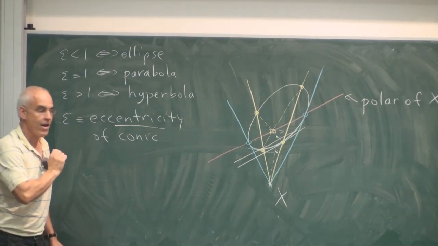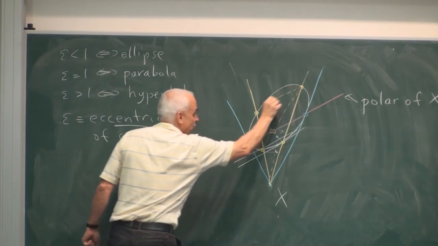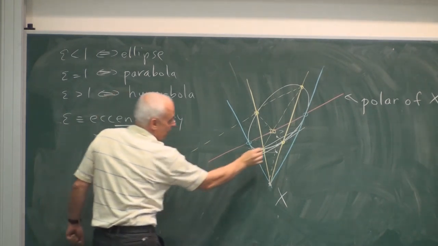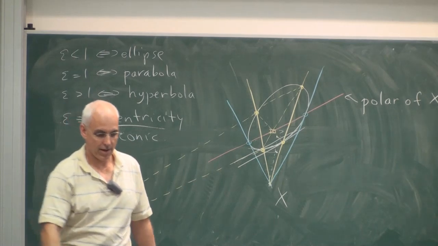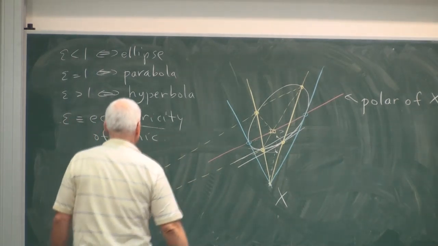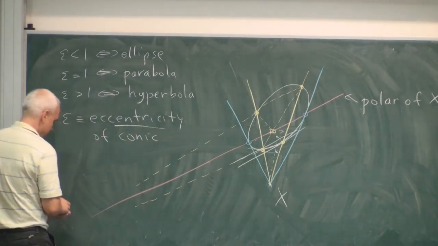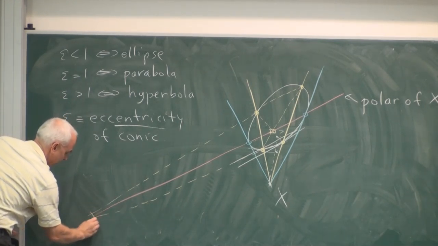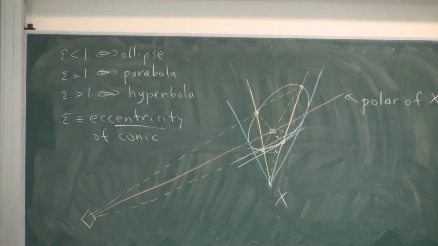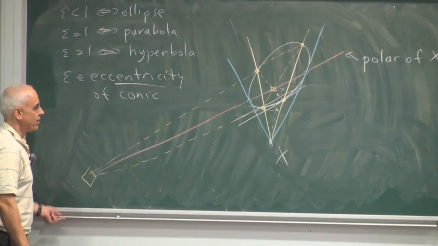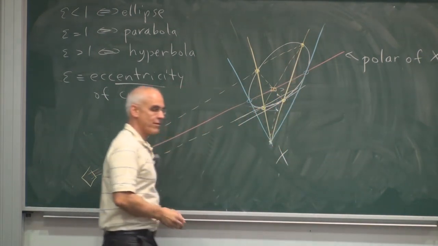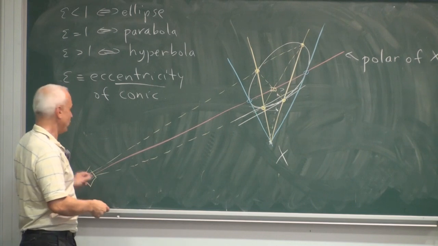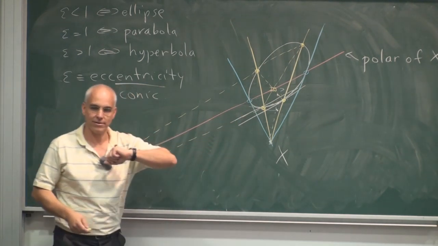And then there's another diagonal obtained by joining this one and this one. And these guys will meet at some point over there. So we can use the places where these two diagonals of this quadrilateral meet to determine the polar line.